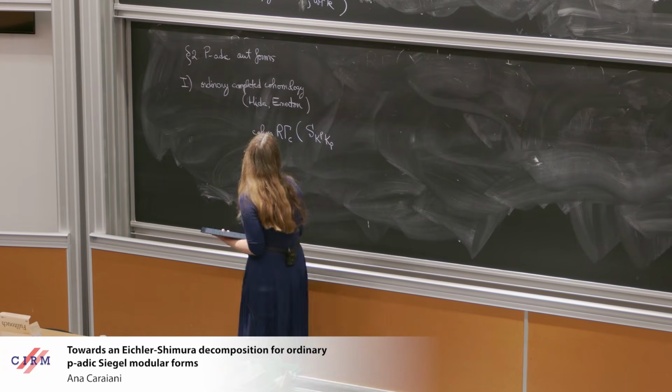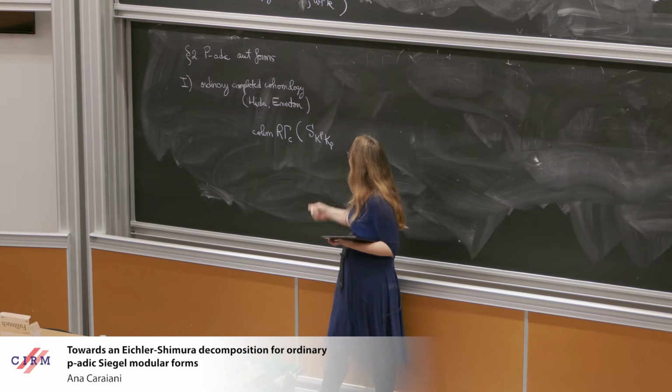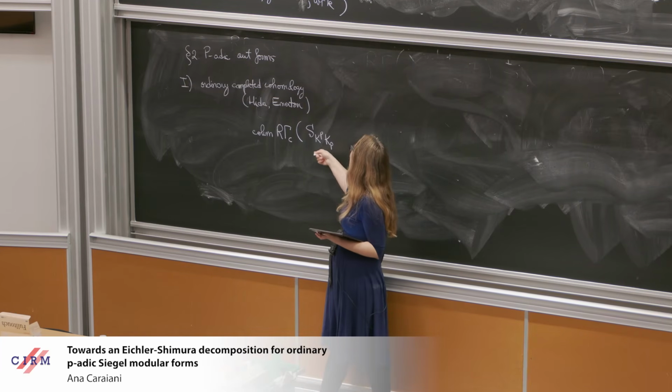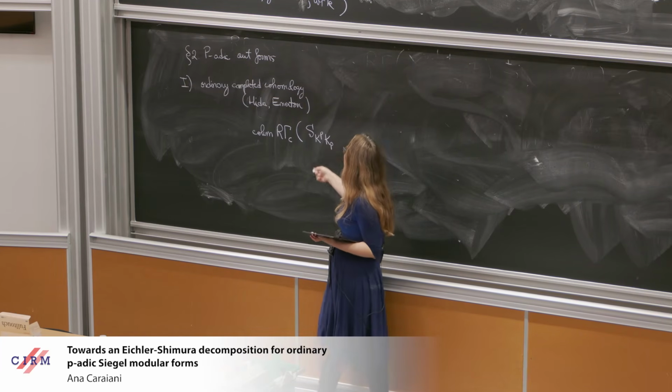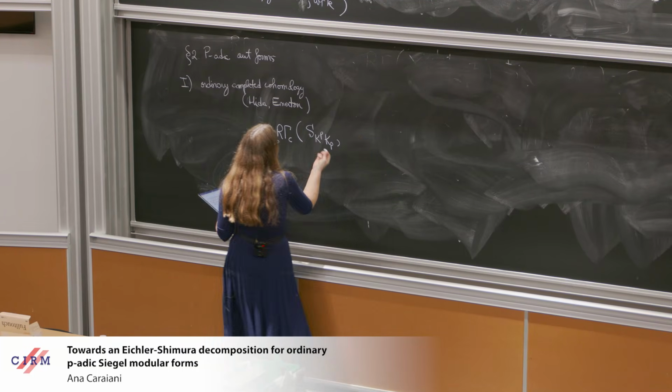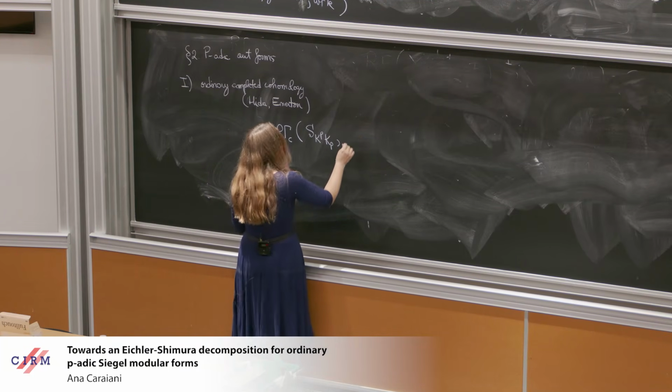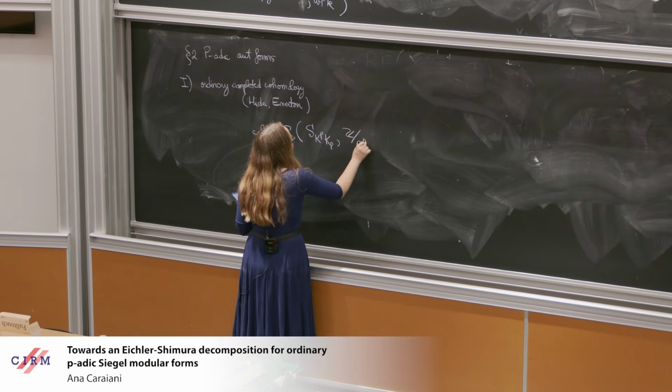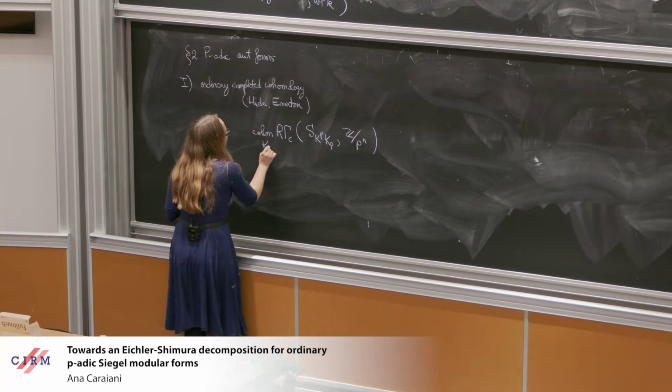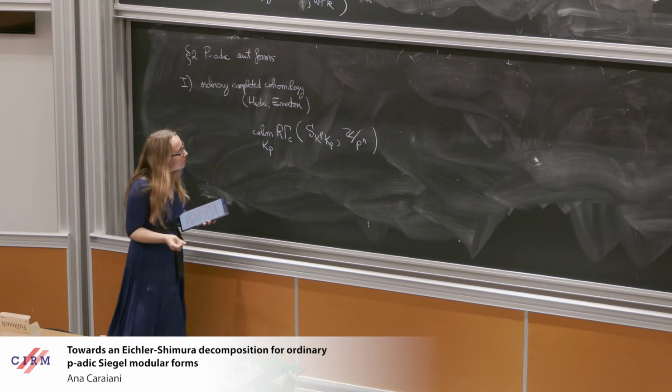And then what you want to do is take the Shimura variety at some finite level, but then take a colimit of its étale cohomology with, say, mod p^n coefficients as the level at p gets smaller and smaller.